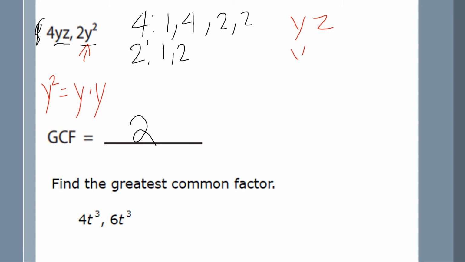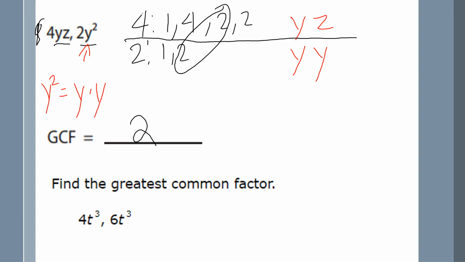So y and y. To make this a little bit neater, now we could put this together. We know, going back to the coefficients, the greatest common factor that they both have, 4 and 2, was 2.